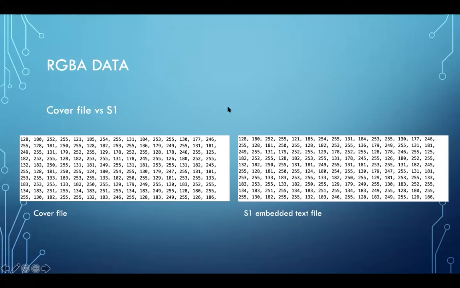RGBA is just using the opacity of the colors. So it has the color data, but then this registers the opacity of it, so how transparent an image is. And you can kind of see the difference across some of these. It looks similar, but then you get to some of them where they're going to be different across the different files.